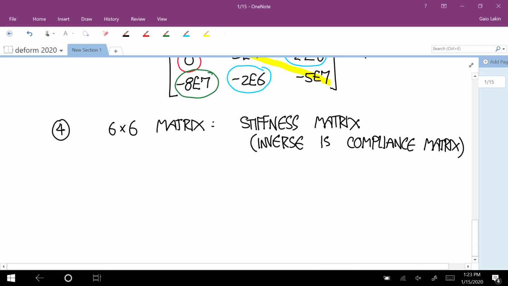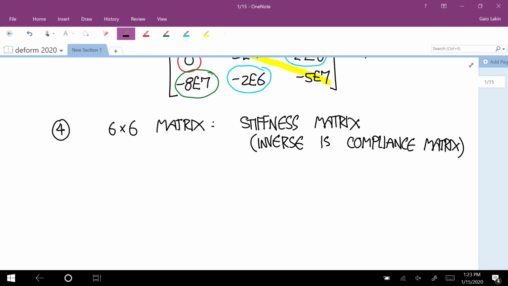Okay, so this stiffness matrix. All right, so think about this for a second. Steel. Think about steel. Would you think of that as very stiff or very compliant? Very stiff. So the values in the stiffness matrix for steel are very big, and the values in the compliance matrix are very small. For the stiffness matrix for the materials we're going to deal with, in SI units, it'll be like something times 10 to the 11th power.